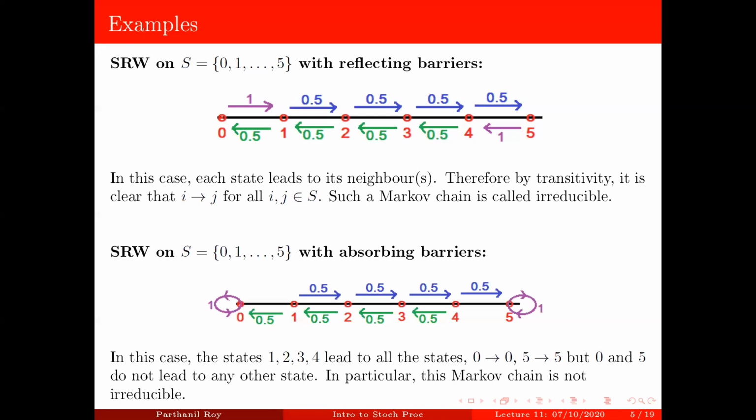Clearly, this Markov chain is not irreducible. This is because 0 and 5 do not lead to any other state. We will soon see that these 2 states, 0 and 5, are called absorbing states. And the Markov chain gets absorbed in either of these 2 states.